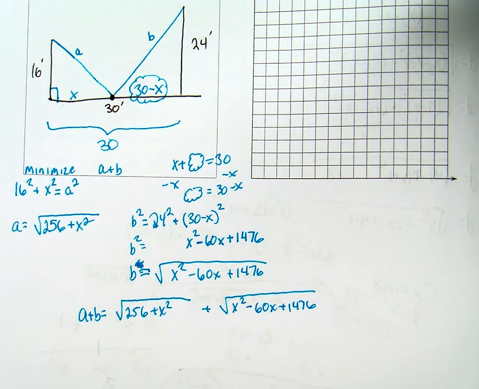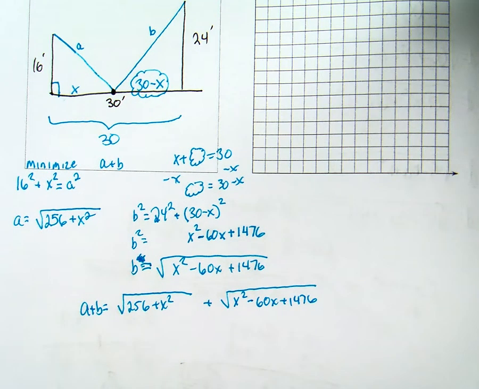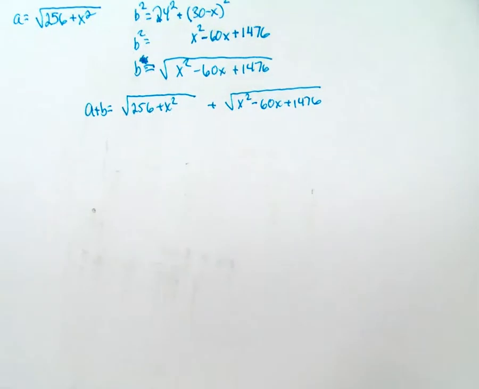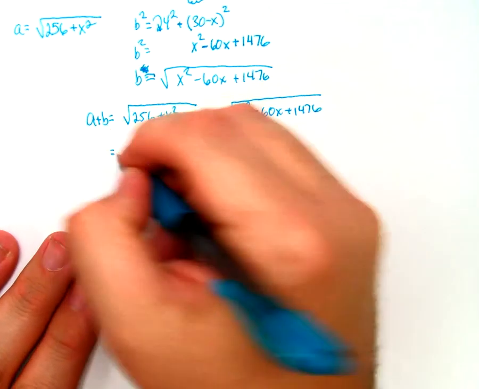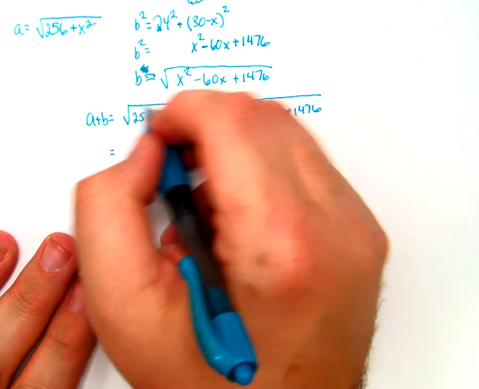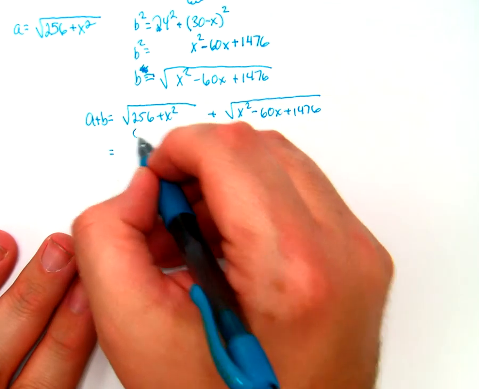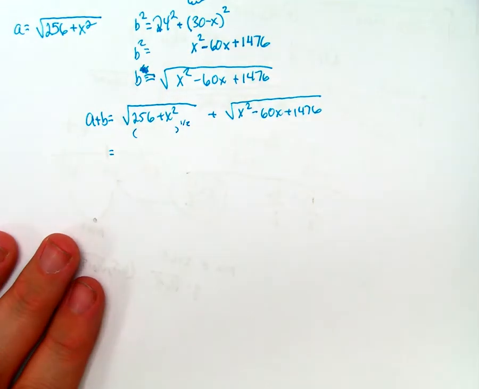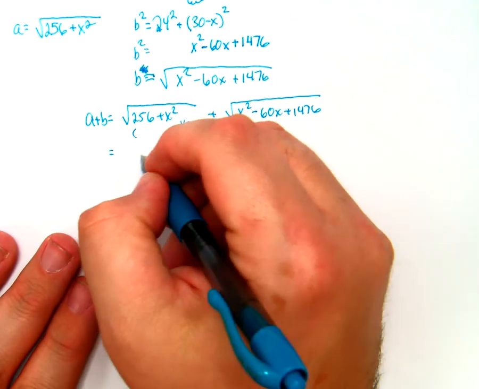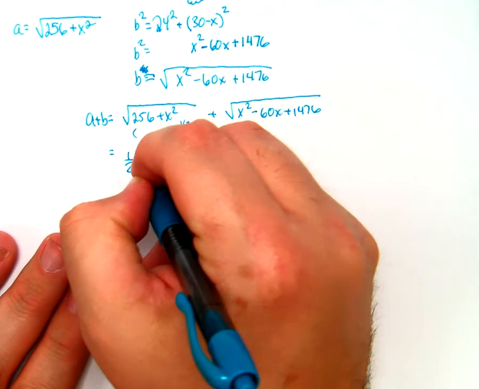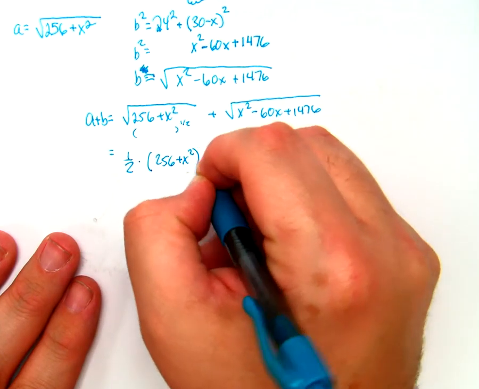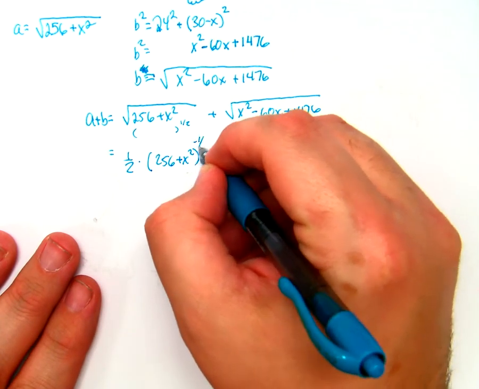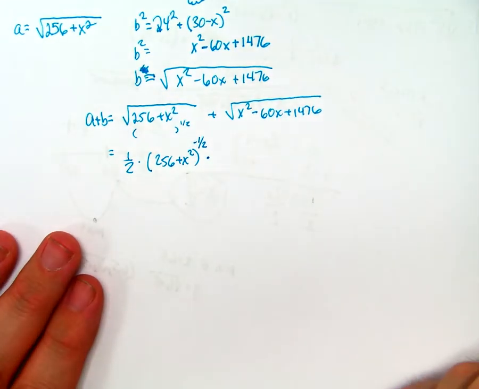We want to take the derivative of this, don't we? Remember, these are all kind of to the 1/2 power, right? So you'll get 1/2 times 256 plus x squared to the negative 1/2 power times 2x. Chain rule for the inside is 2x.